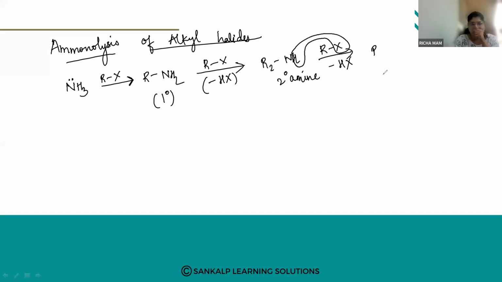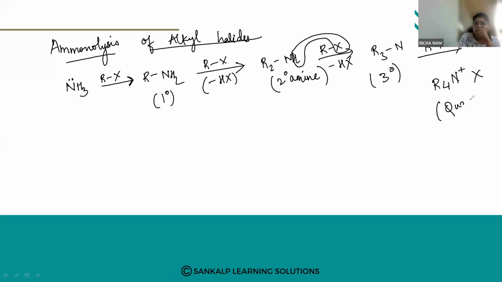Now we get R3N, a tertiary amine. Again, we are going to treat with RX. So what will we get now? Quaternary ammonium salt.